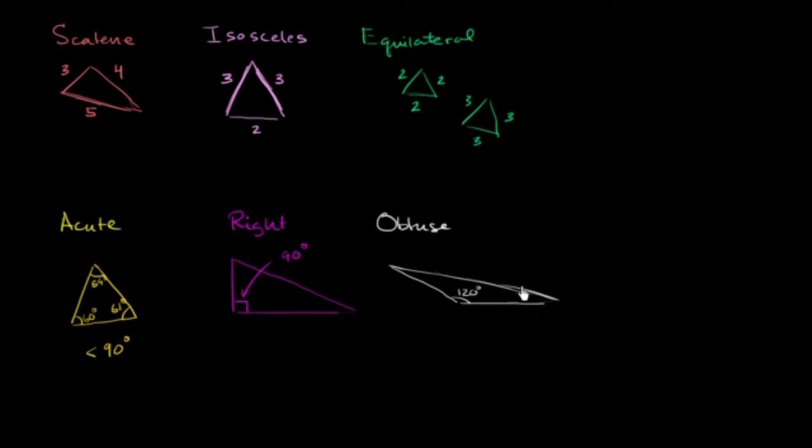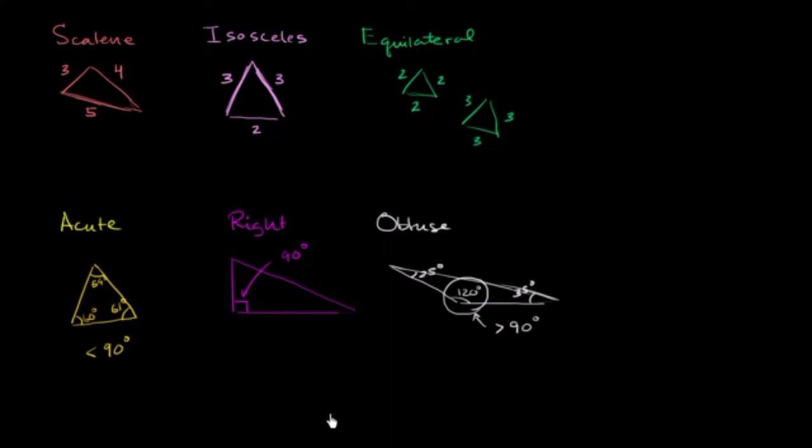Maybe this is 25 degrees, and maybe that is 35 degrees. Notice they still add up to 180. 25 plus 35 is 60, plus 120 is 180 degrees. But the important point here is that we have an angle that is greater than 90 degrees.